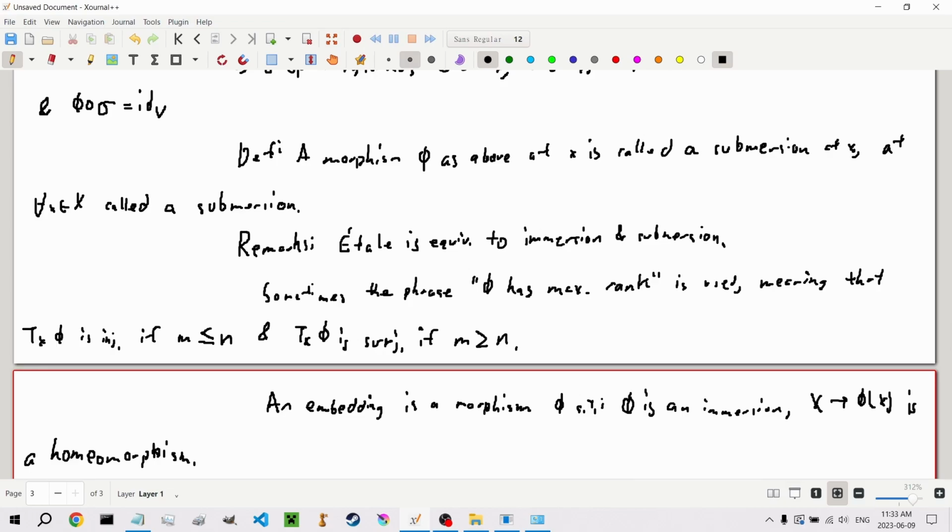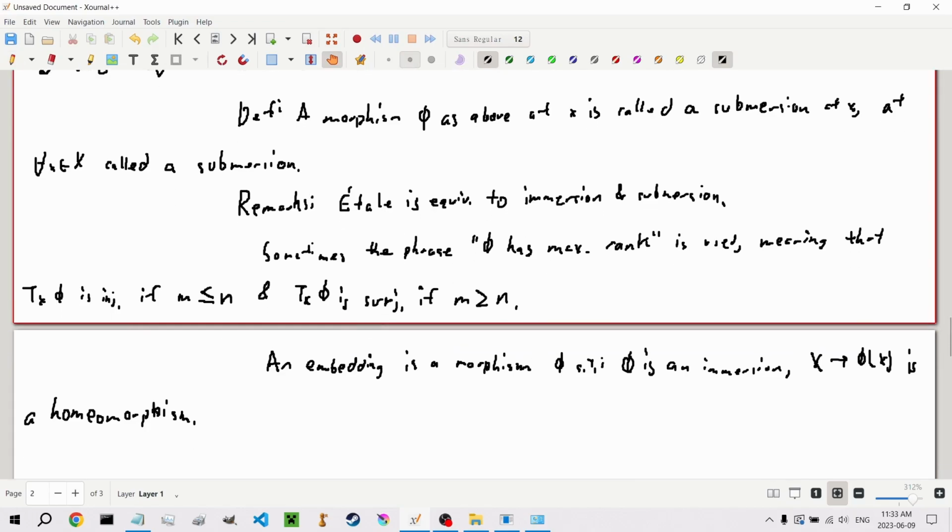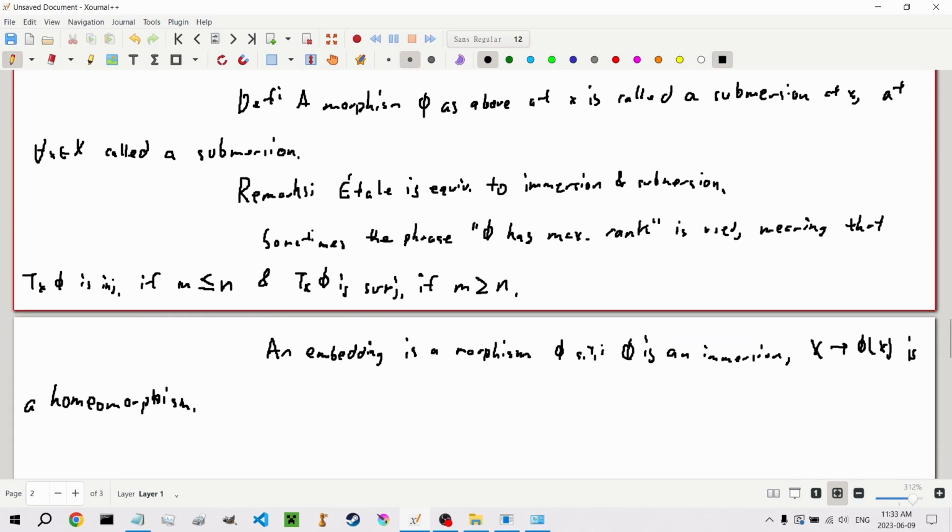Our next topic here is a subimmersion, which I'm going to note is not a phrase that I am familiar with. I would think that it would just be étale, but I'm guessing it's not going to be.